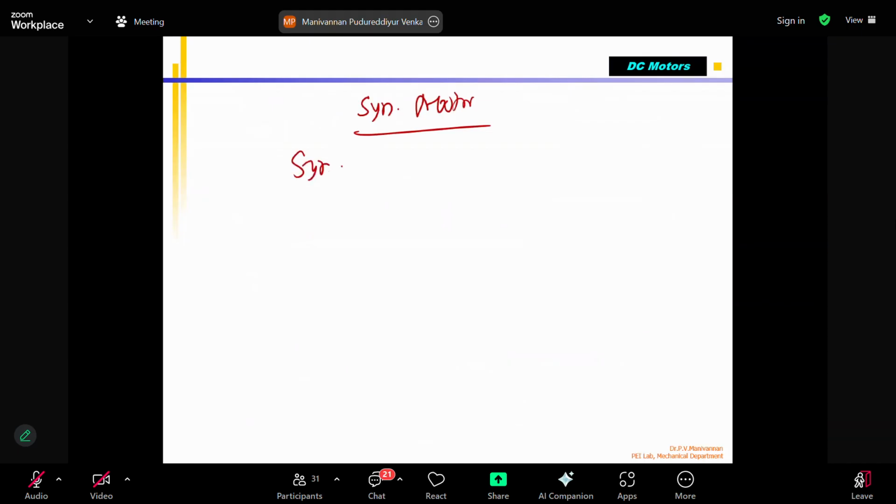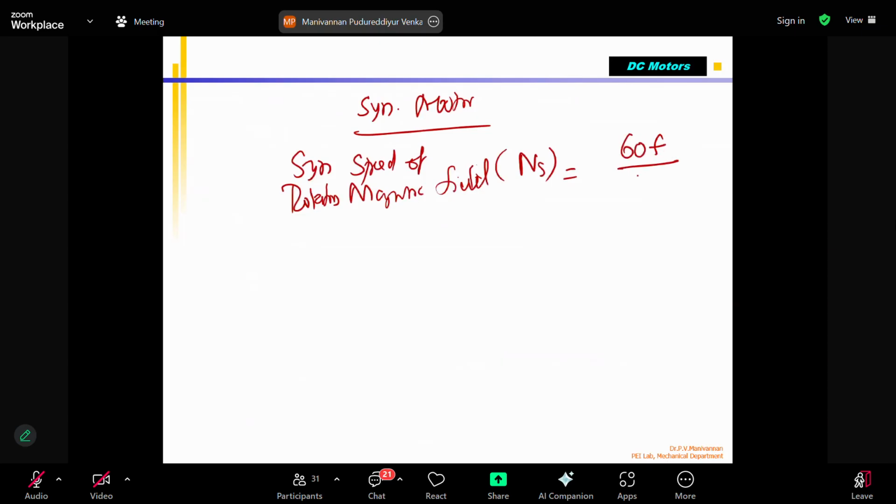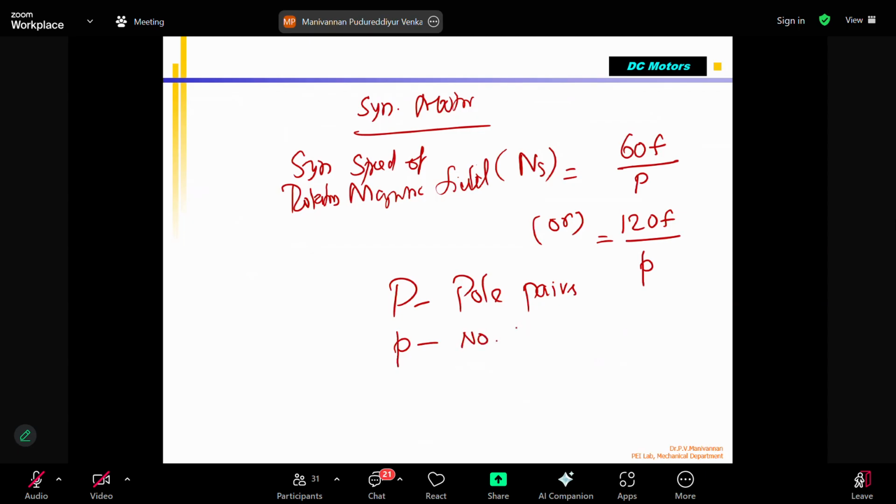Synchronous speed of the rotating magnetic field is represented by Ns equals, as you already know, 60 F divided by capital P, or 120 F divided by small p, where capital P is the number of pole pairs and small p is the number of poles.